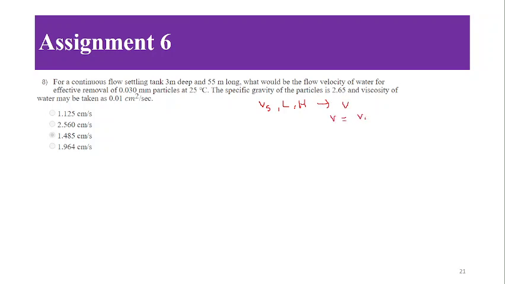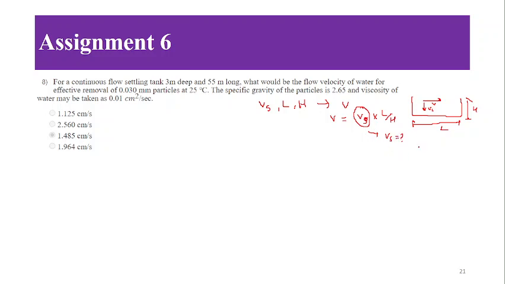This is the relation given here, Vs into L by H. So a tank has flow velocity as this and the settling velocity as this. This is the H and this is the length. So firstly we need to find out what is the Vs.